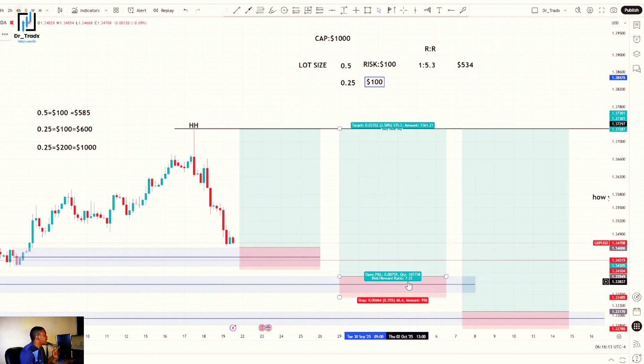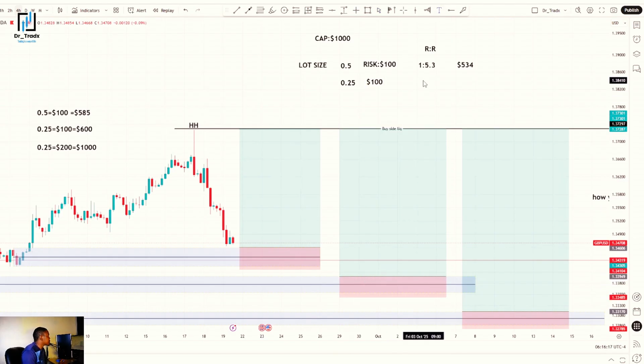Now, what is the risk to reward ratio of this? It's 7.22. Don't worry, I'm using 7.22. I'm using one hand to type and control the mouse, so bear with me.